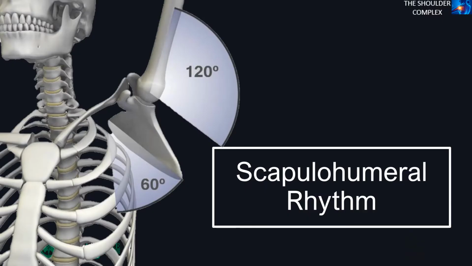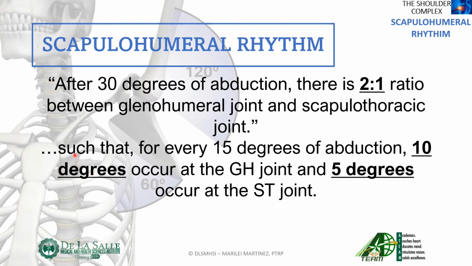Okay? Scapulohumeral rhythm. According to this, after 30 degrees of abduction, there is 2:1 ratio between the glenohumeral joint and the scapulothoracic joint, such that for every 15 degrees of abduction, 10 degrees occur in the GH joint, that is the 2 in the 2:1 ratio, and 5 degrees occur in the SC joint, that is the 1 in the 2:1 ratio.